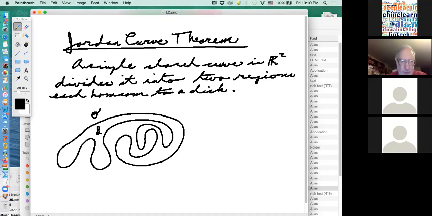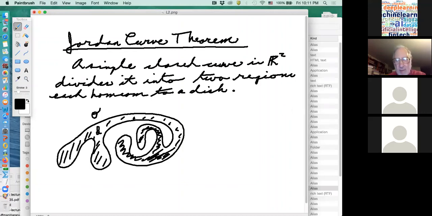So if you would believe the Jordan curve theorem for the time being, then we can certainly color the inside of a Jordan curve black and the outside of it white, and we will have achieved a two-coloration for a Jordan curve. And that, in fact, is a special case of a knot diagram where there are no crossings.